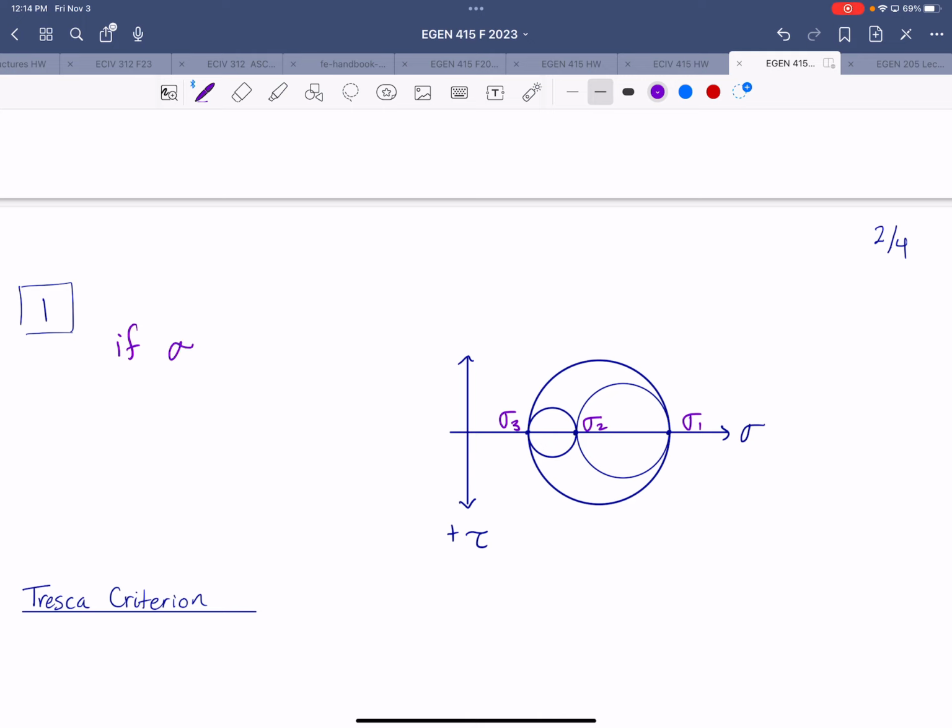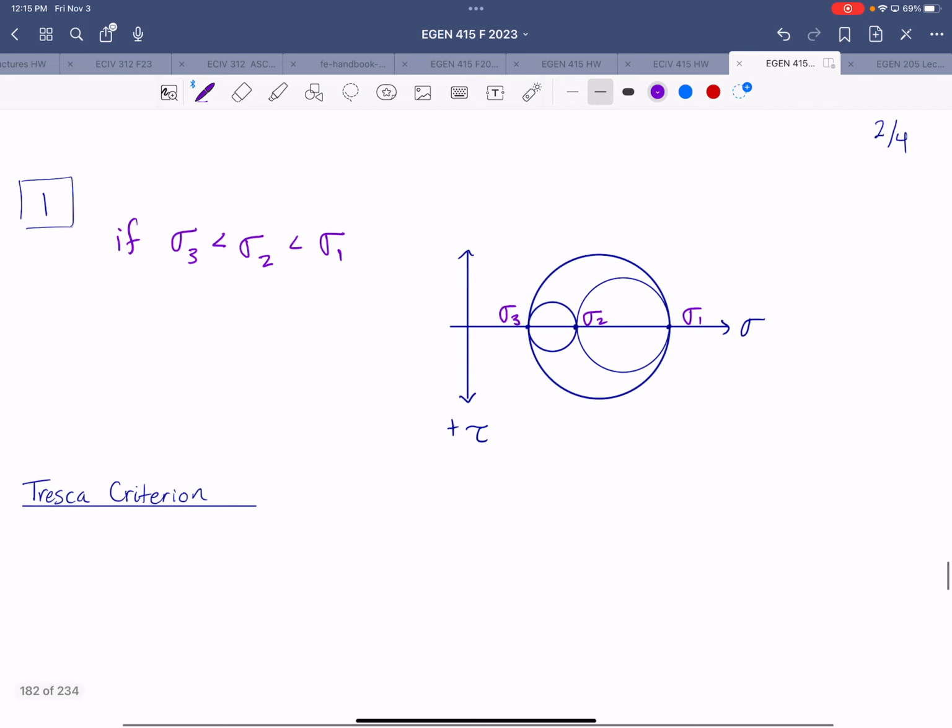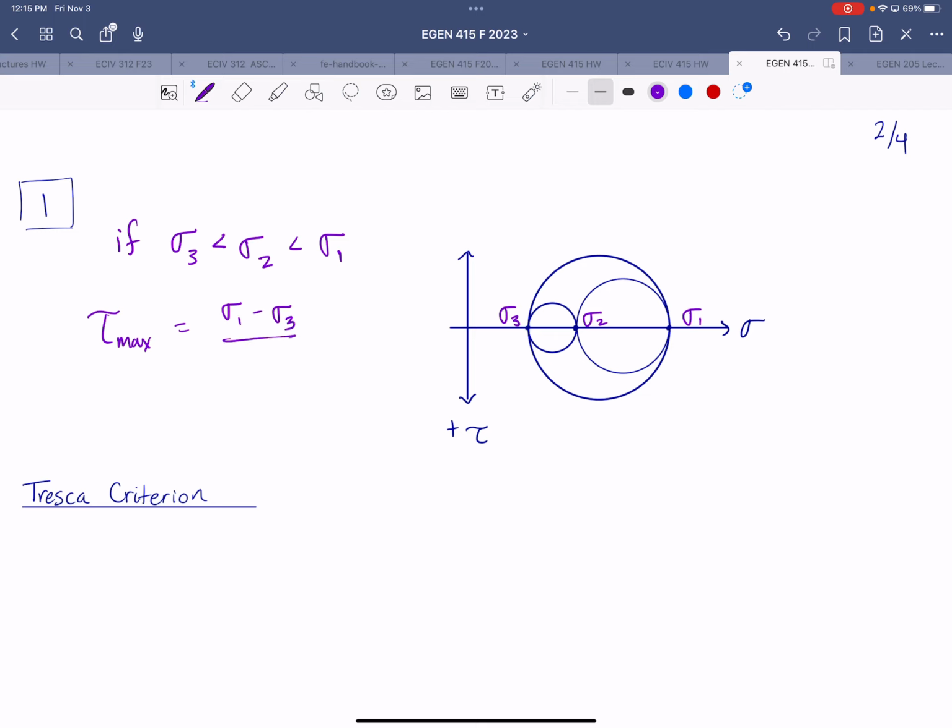So if we have it arranged such that sigma 3 is the smallest or the most negative, and sigma 1 is the greatest positive or smallest negative, however that might work out, then the maximum shear stress would be the difference between the 2 extremes over 2.